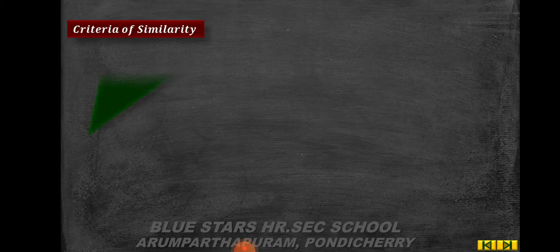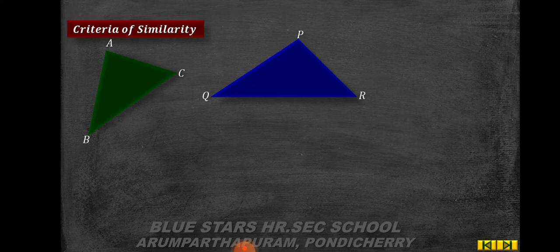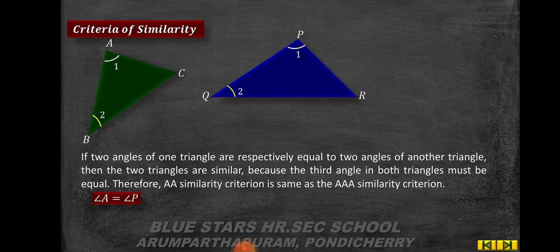Next, criteria of similarity. We can see two triangles. In the first triangle angle A is 1 and angle P is also 1, angle B is 2 and angle Q is also 2. If two angles of one triangle are respectively equal to two angles of another triangle, then the two triangles are similar, because the third angle in both the triangles must be equal.